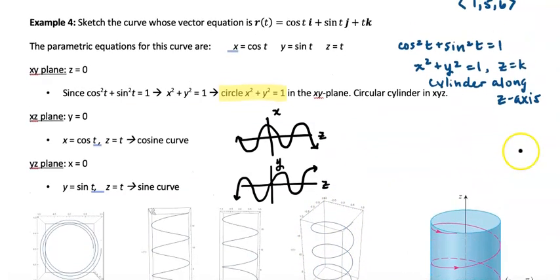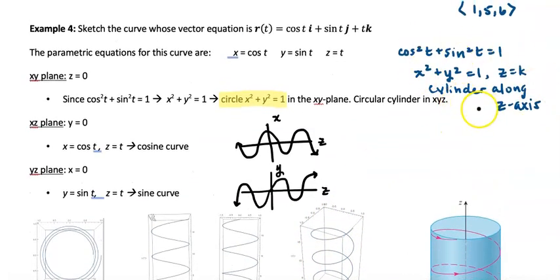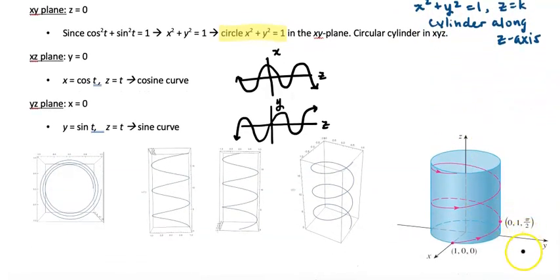Now looking at the non-parametrized version of this equation, x squared plus y squared equals 1, that means that this curve traces along this cylinder, x squared plus y squared equals 1, and we can see what it looks like on the xz plane and on the yz plane.